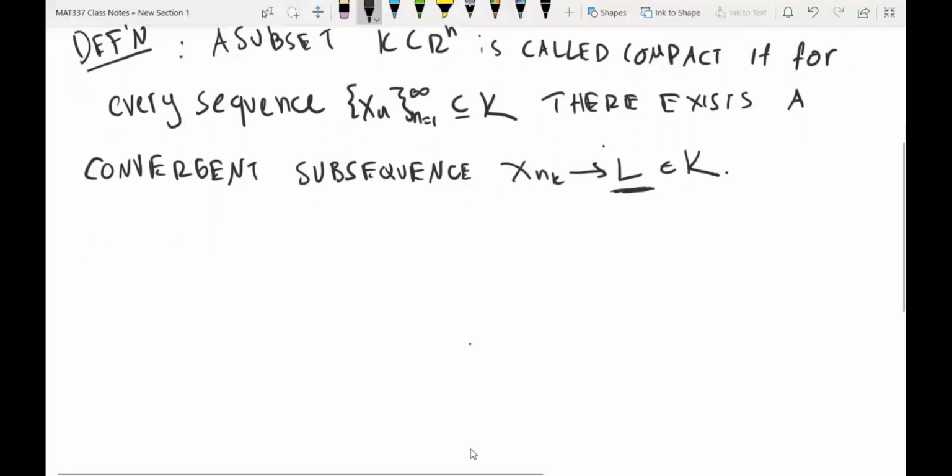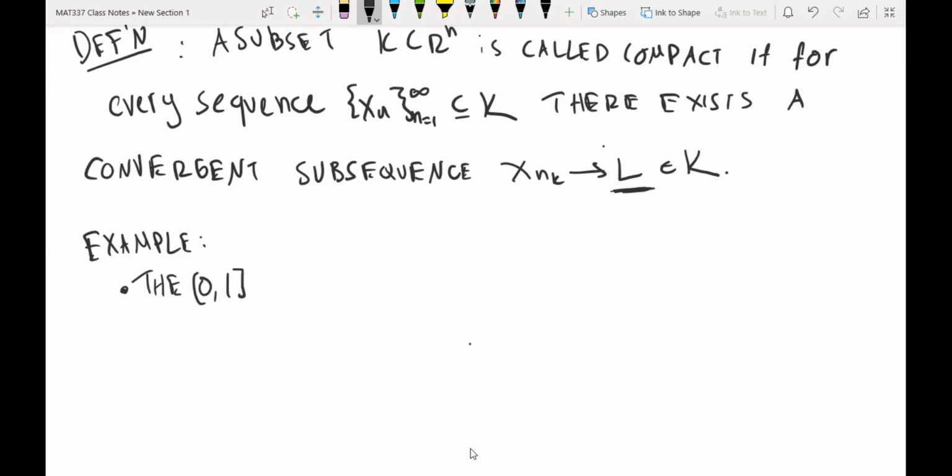All right, so let's do some examples. A tough one is showing that [0,1] is compact. Without a theorem, showing that [0,1] is compact is actually quite hard. So let's try to show that.